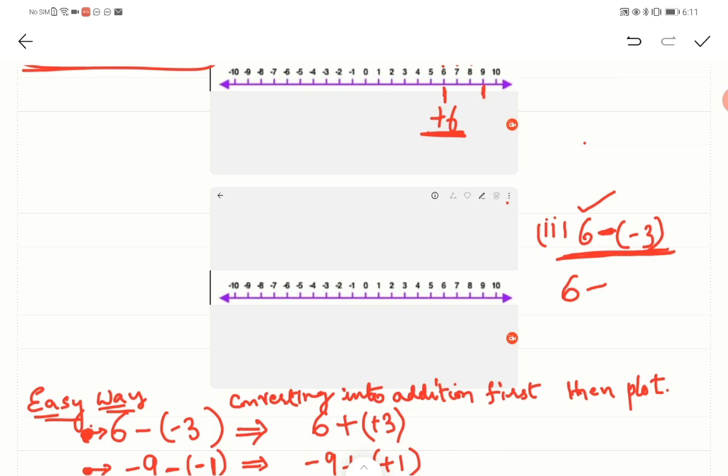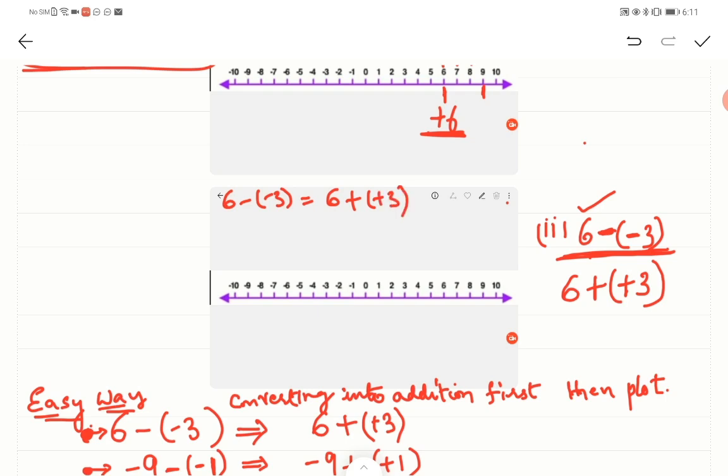Okay, you take plus sign, and second number is the same, but the sign is opposite. Here it is minus, so it becomes plus here. So 6 minus of minus 3 is nothing but 6 plus 3.